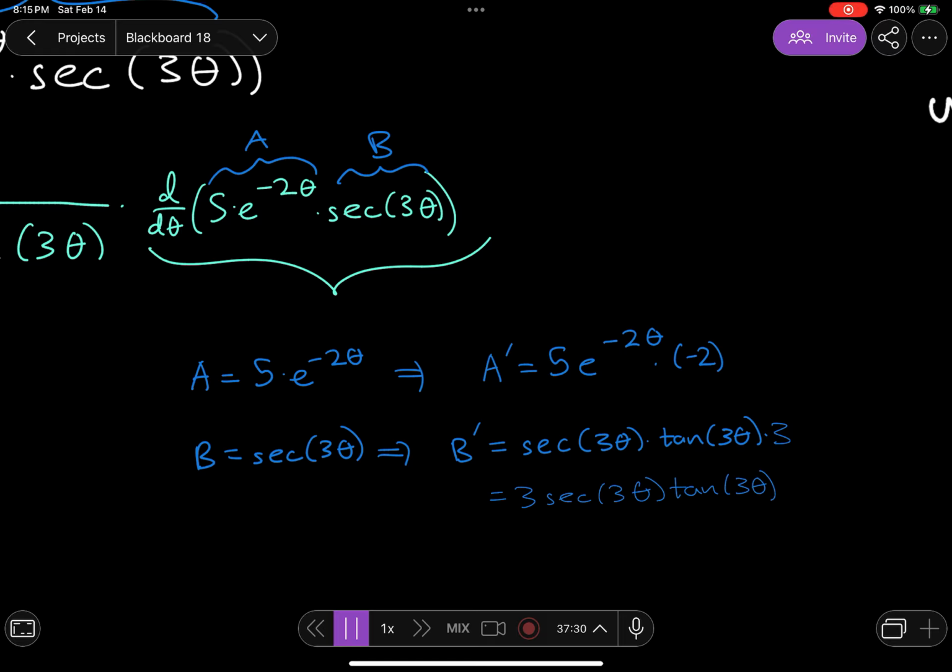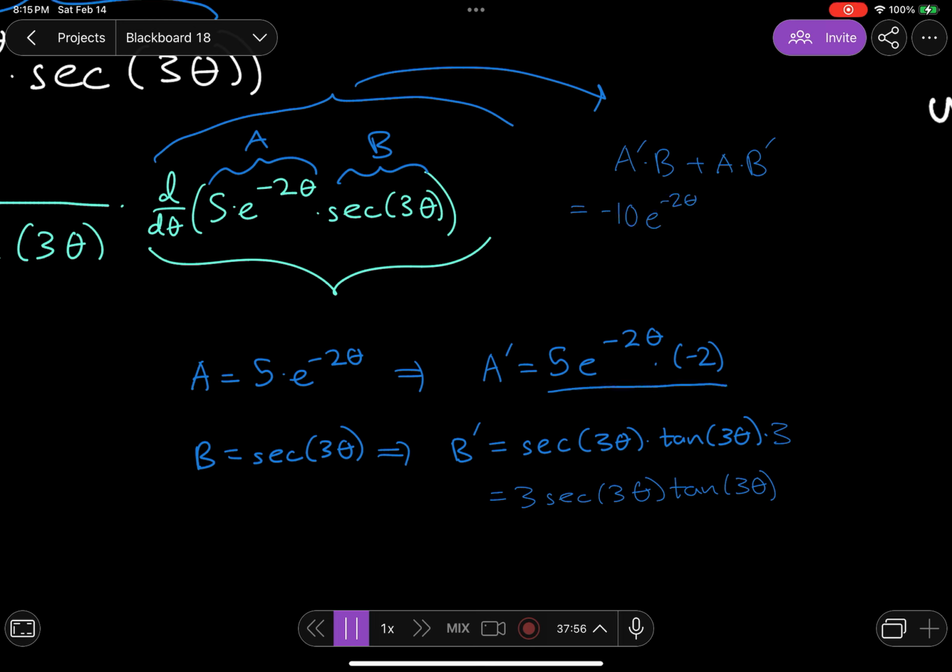And that tells me that the derivative of this object, so this whole thing, maybe I'll come up here, is going to be A prime times B plus A times B prime. And that is equal to A prime, which is negative 10 e to the negative 2 theta. I just cleaned this up a little bit.